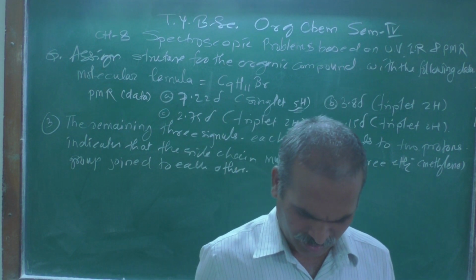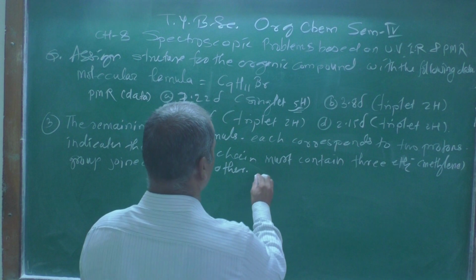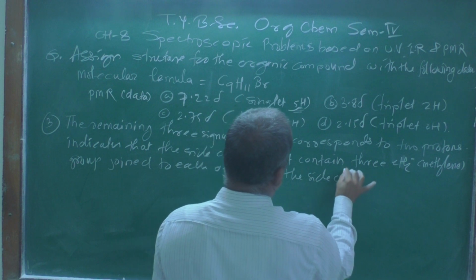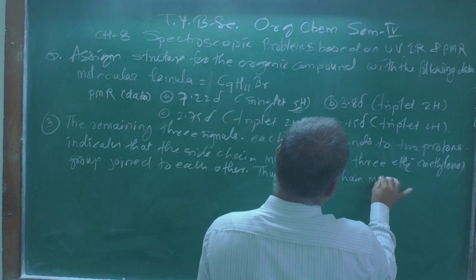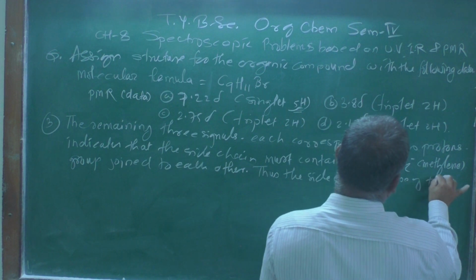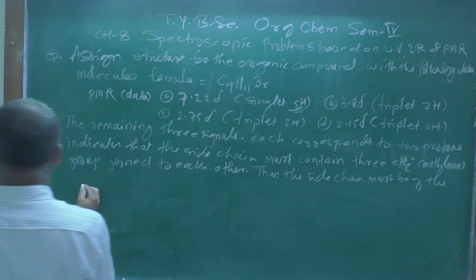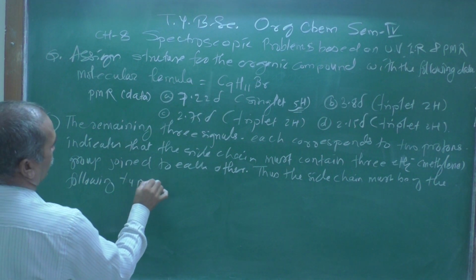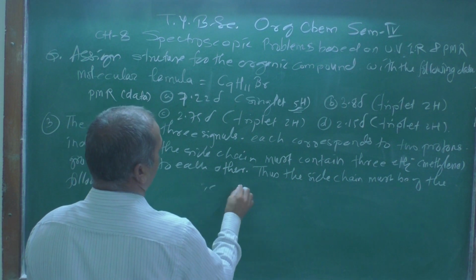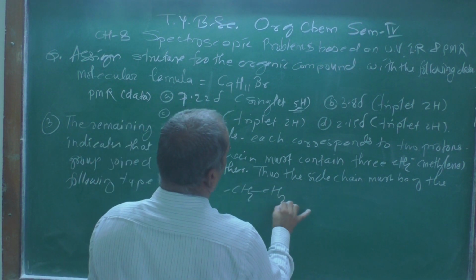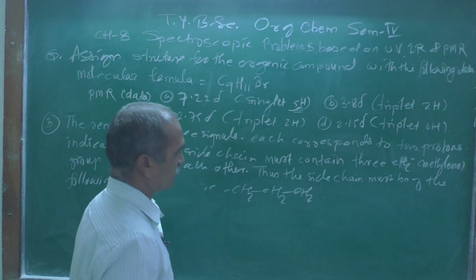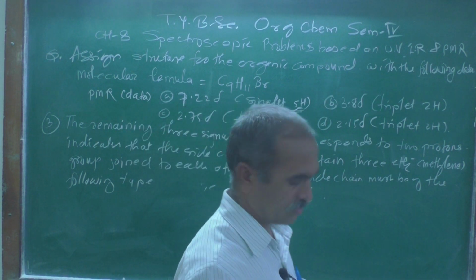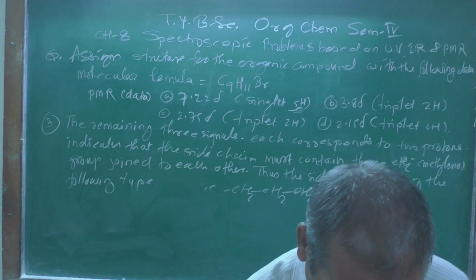Thus the side chain must be of the following type, that is CH2 and the CH2. Sorry, something is there.